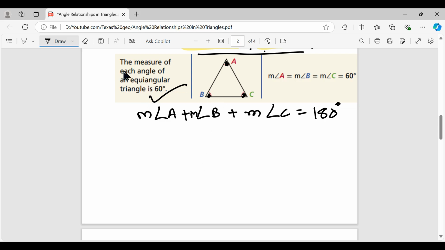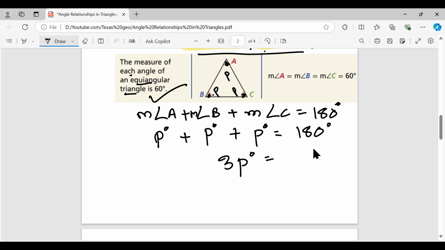Right. Now it says that the measure of each angle of equiangular triangle. So in this triangle, each angle is equal. Let's say each angle is P degrees. So I will write P plus P degrees plus P. So you get 180 degrees. So you will say 3P degrees is equal to 180 degree, and then P equals 180 degrees over 3, that is 60 degrees.